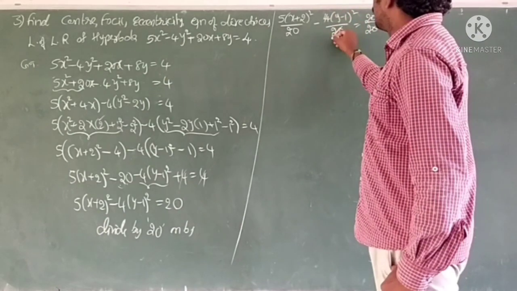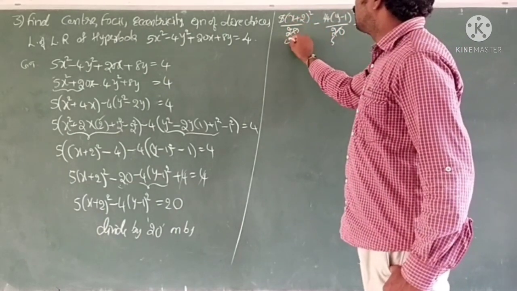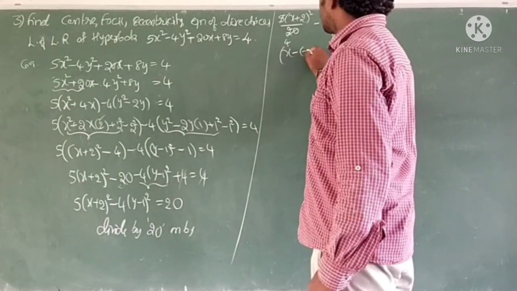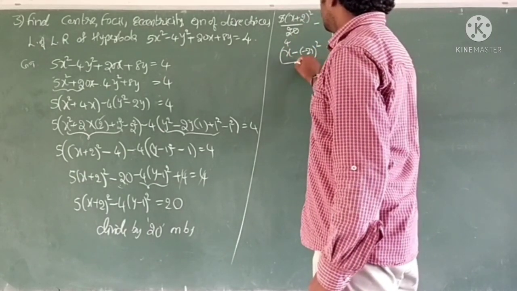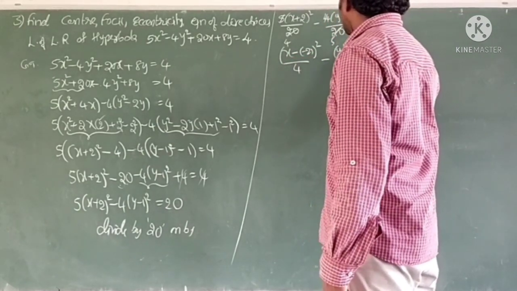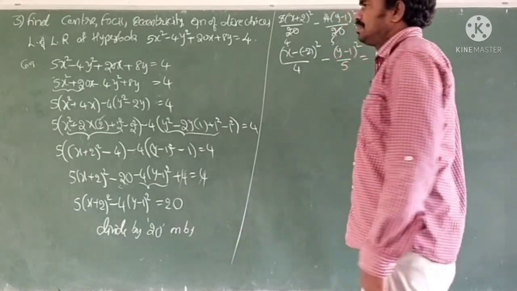So 1, 4 fives are 20, 5 fours are 20. So it is x plus 2, we can write as x minus of minus 2, whole square by 4, minus y minus 1 whole square by 5, is equal to 1.